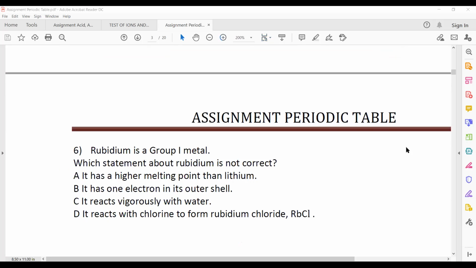As we go down the group, the melting point increases, okay? Sorry, as we go down the group, the melting point decreases. The density increases, and the reactivity increases.